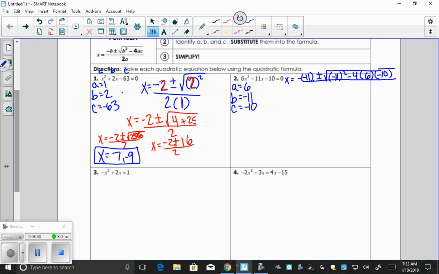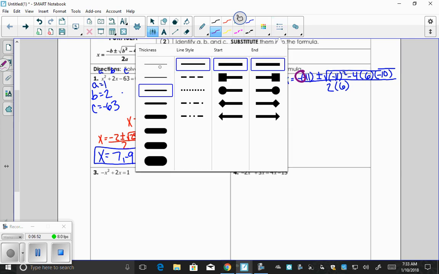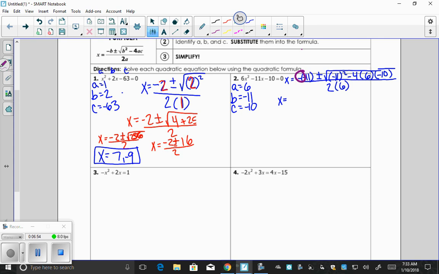All over 2 times 6. So let's try to simplify. x equals, a negative and a negative, so right here becomes a positive. So it's now 11 plus or minus the square root of 11 squared, which is 121.